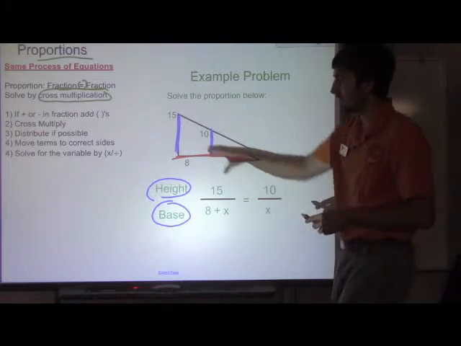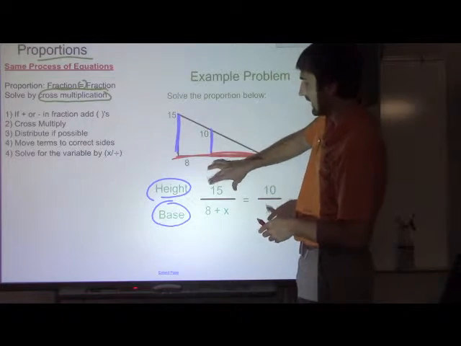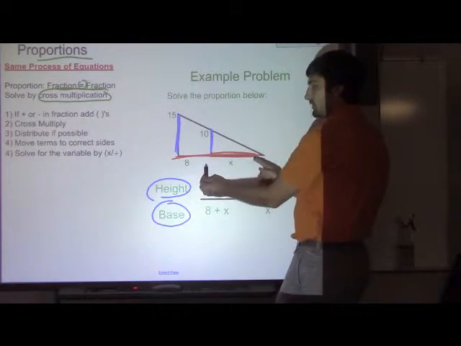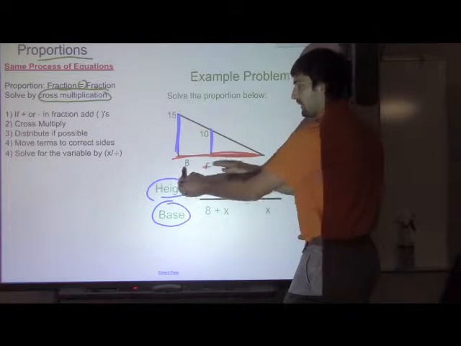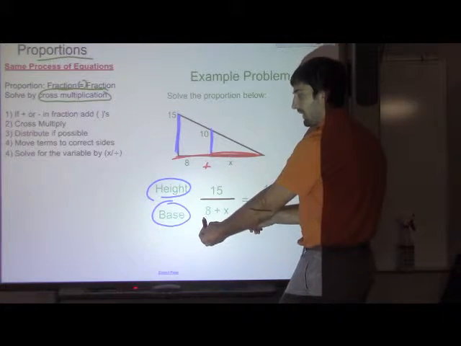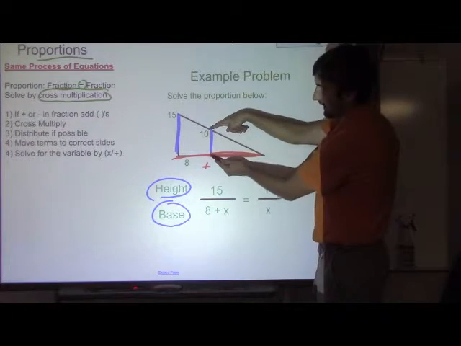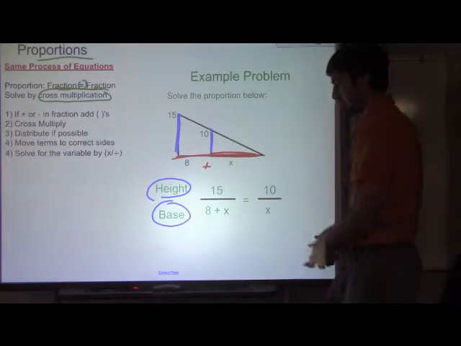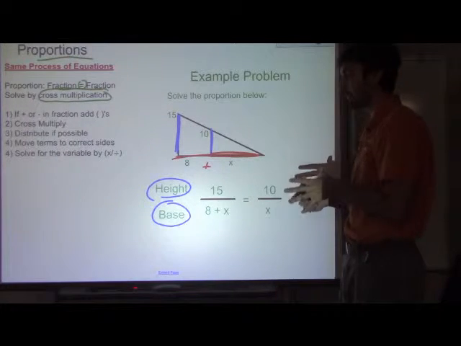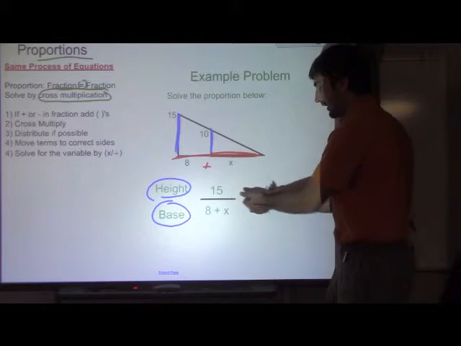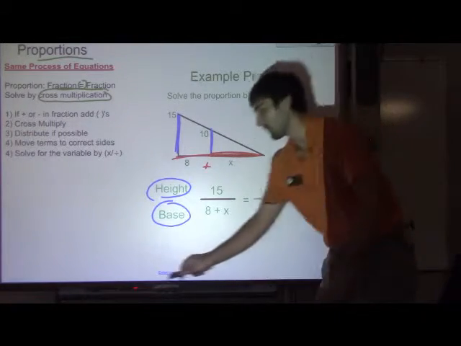When we look at the big triangle, it had a height of 15 and a base of this whole length, which was x plus 8. So that was the base of the big triangle. The little triangle had a height of 10, but a base of only x. Again, this is a proportion because we have a fraction equals a fraction with an equal sign in the middle.